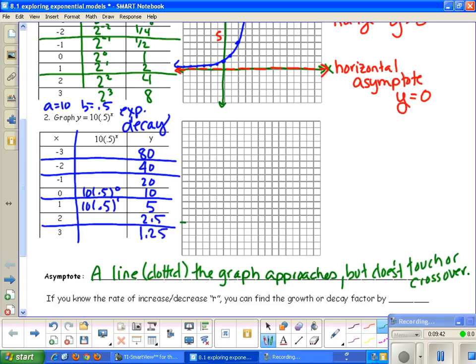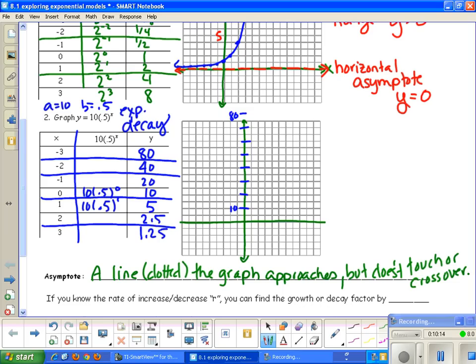So let's go ahead and look at this. So I'm going to change the scale in my graph to go by tens or by fives because it's so large. So I'm going to make this 10. This would be 20, 30, 40, 50, 60, 70, and that means I missed 80, which would be up here.